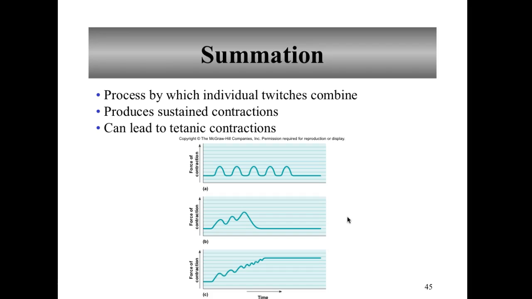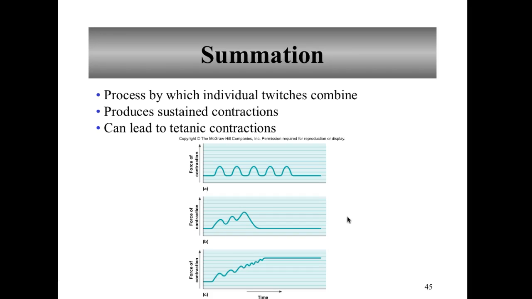Summation then is the process by which individual twitches combine to produce sustained contractions that can lead to tetanic contractions. When several stimuli are delivered in succession to a muscle fiber, it cannot completely relax between those contractions. The individual twitches begin to combine, and the muscle contraction becomes sustained.